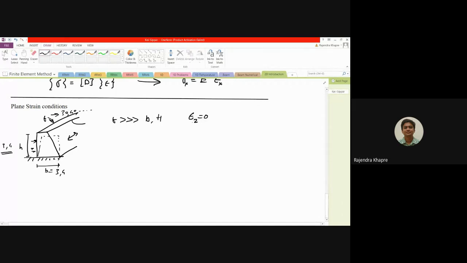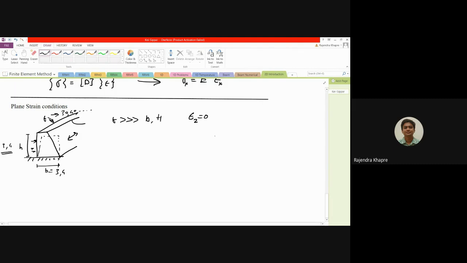Why? Because the third direction is very large, the possibility of deformation in the third direction is very less, and even if it occurs, the magnitude will be very small. That's why we assume that the strain in the z direction is 0.